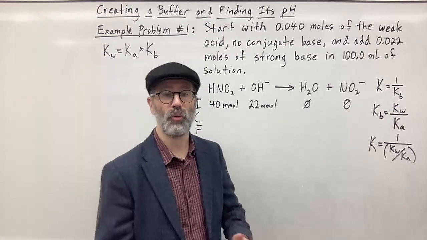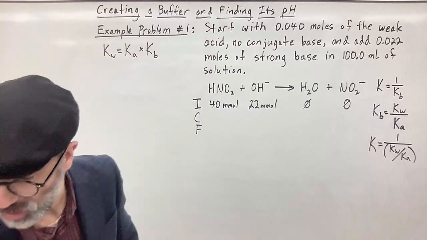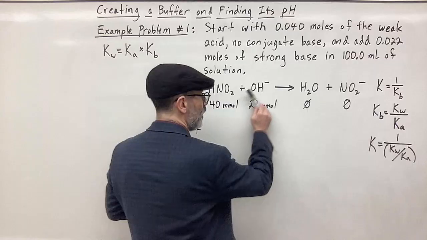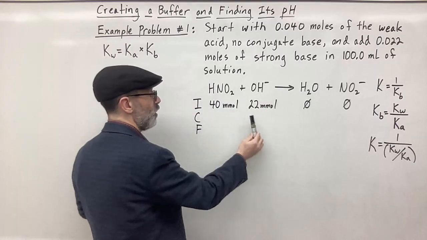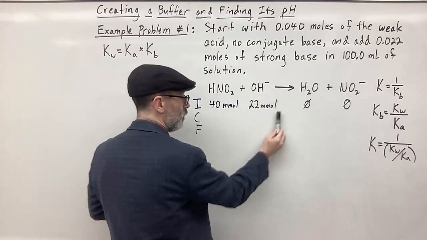Okay, so what we do is we just do a stoichiometry calculation. The hydroxide ion is going to completely react with the weak acid. It's a 1-to-1 ratio, so when we react this, all of this is going to be gone.